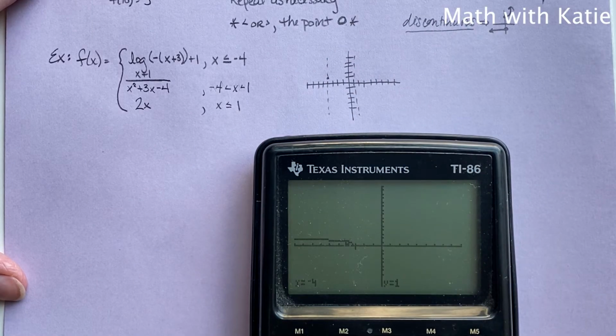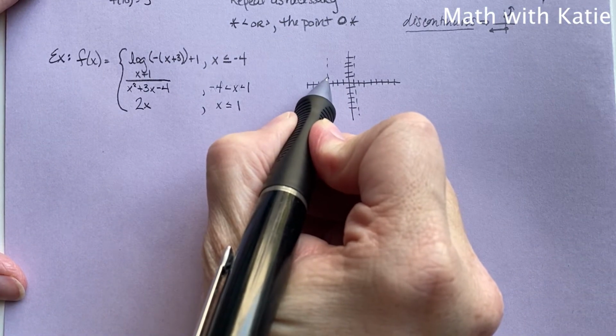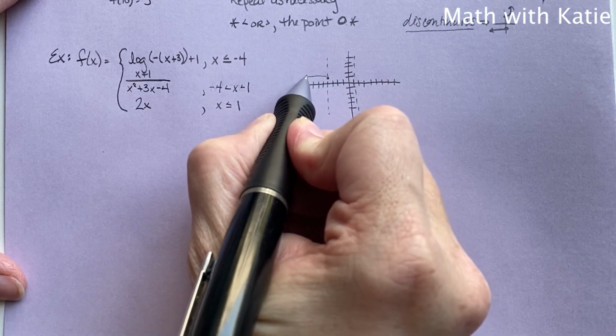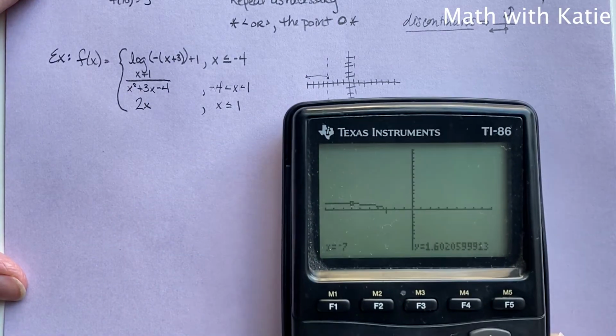Okay, now let's get another point, because we can see it goes off like that. But let's see, -5, -6. Okay, so it just stays here and it goes very short. Okay, now what about our next one?